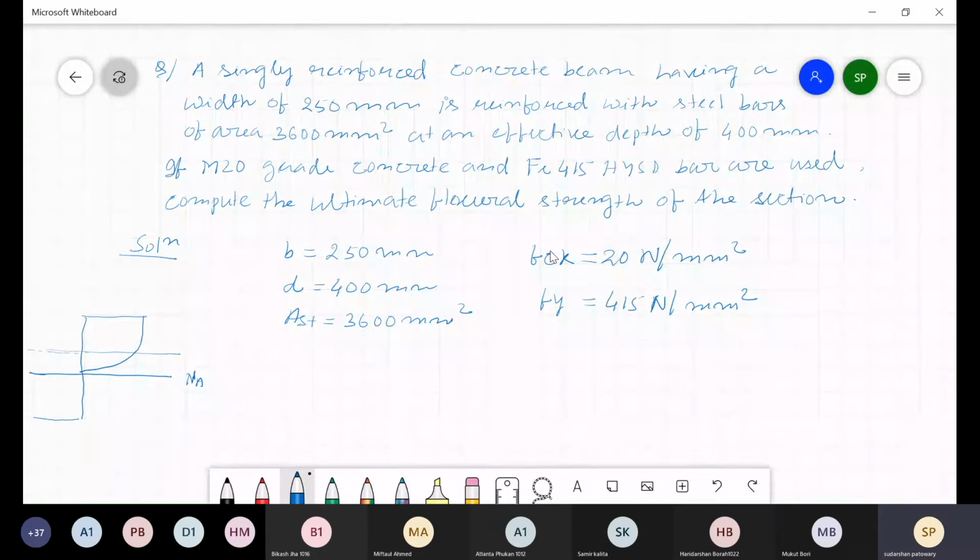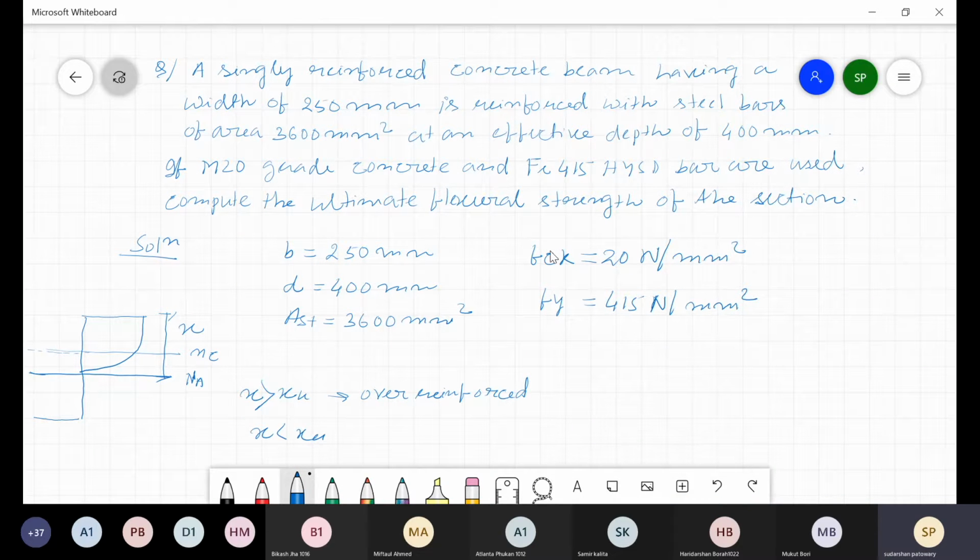Over reinforced, yes. So we have to say this XU, the critical neutral axis. X is the neutral axis there, so we have to find out X. If X is below the critical neutral axis, that means if X is greater than XU, then that is over reinforced. And if X is less than XU, that is under reinforced, isn't it?